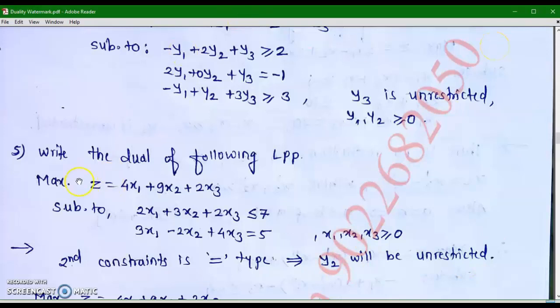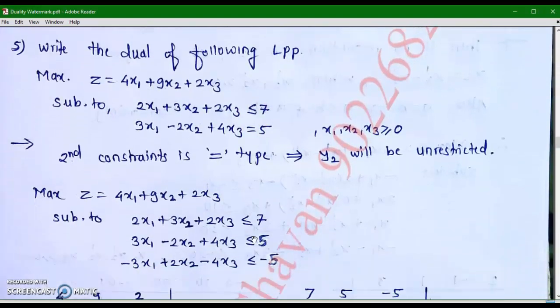So the observation is, given LPP of maximization type, all constraints should be of less than or equal to type. The first is already, but the second we have to write in inequality form as the next step. So we have maximize z 4x1 plus 9x2 plus 2x3 subject to the first constraint as it is. See how the second is written.